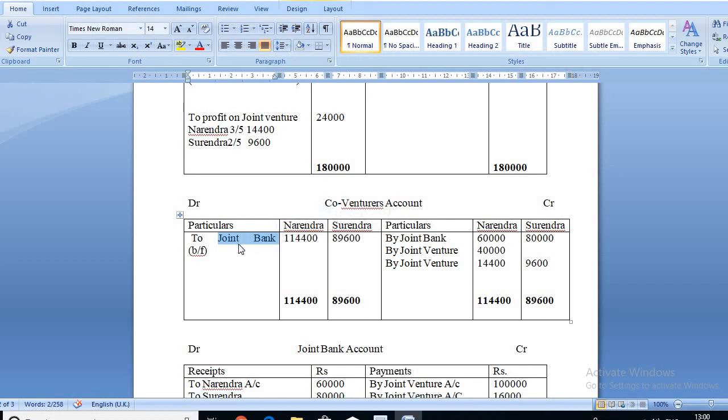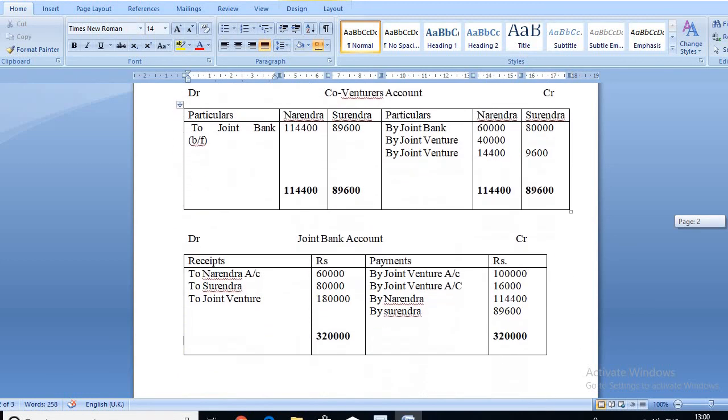But here we have to make one more entry, because here we have recorded only the debit aspect. Now record the credit aspect of the same transaction. Here joint bank is debited, so in the joint bank account make a credit entry: Narendra 1,14,400 and Surendra 89,600, recording this transaction in the opposite direction.